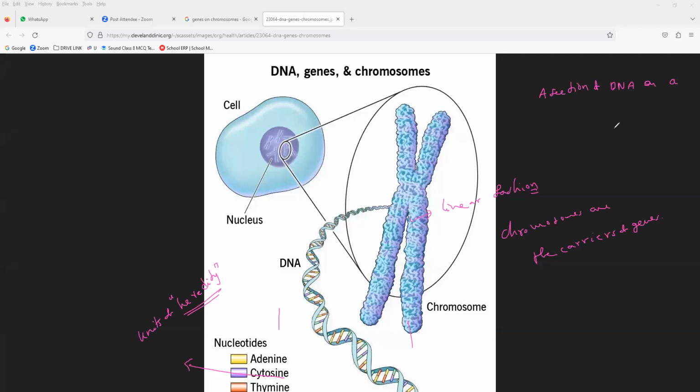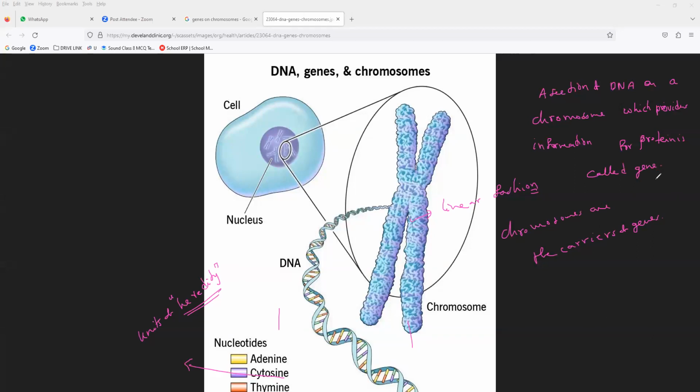The section of DNA on a chromosome, which provides information for protein, is called a gene.